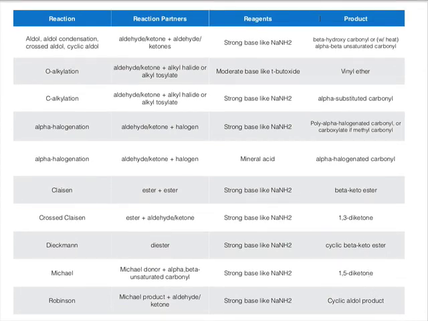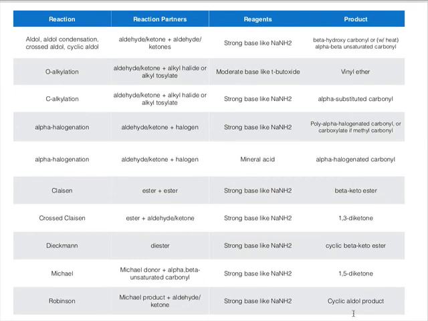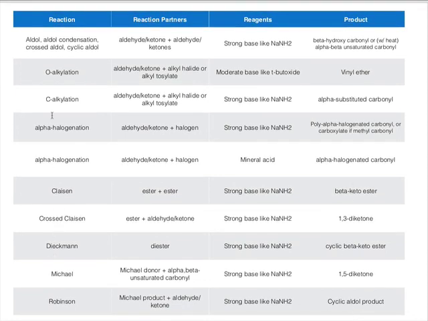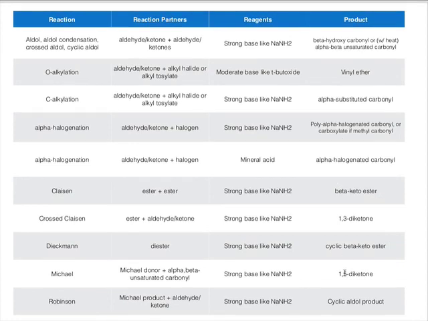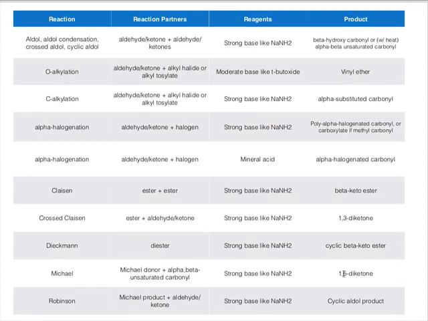So the trick again is to memorize what products come from what reactants. If I give you a complicated molecule and you can analyze it and say, aha, this is a cyclic beta ketoester, you say, well, then it's a Dieckmann, and our starting material must have been the diester. If I give you a beta hydroxycarbonyl or an alpha beta unsaturated carbonyl in our product, you can say, aha, I can make that with an aldol.